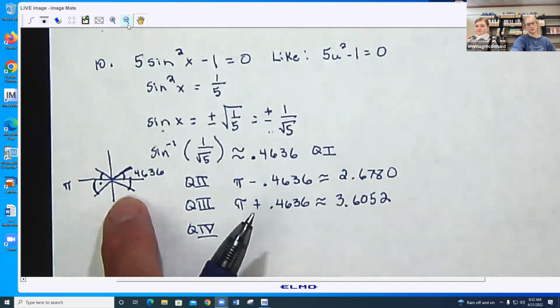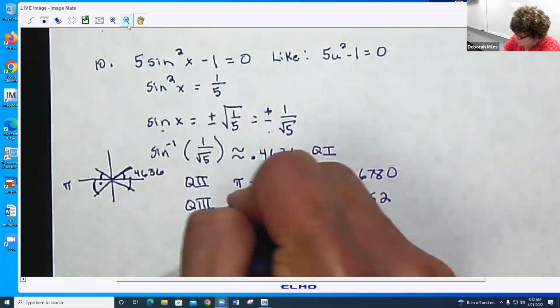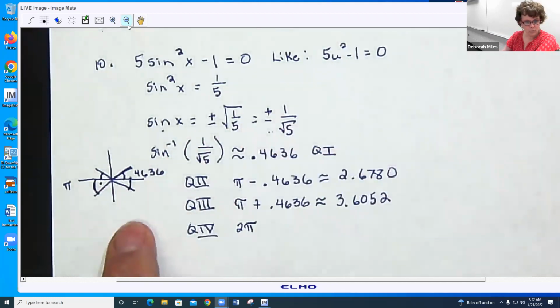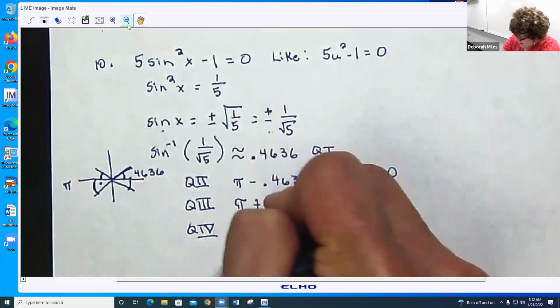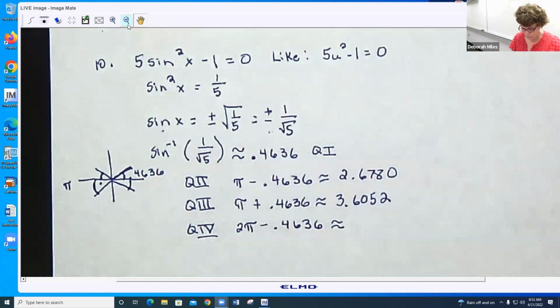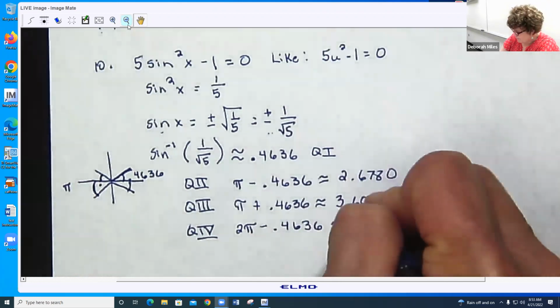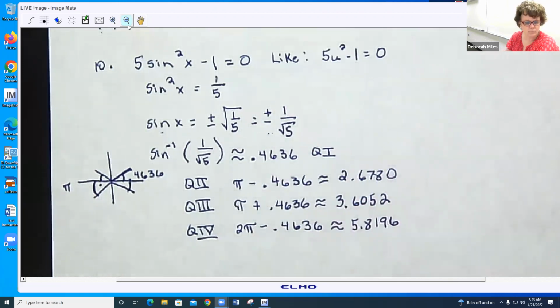Subtract 0.4636 from 2 pi. Yeah, if we had made it all the way around, that would be 2 pi radians, but we stopped about half a radian short of that. And I got that to be about 5.8196.